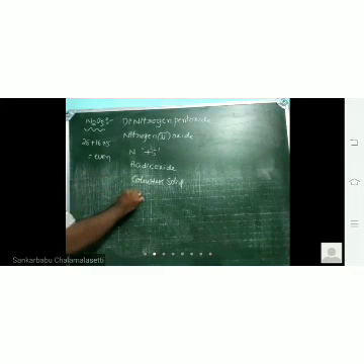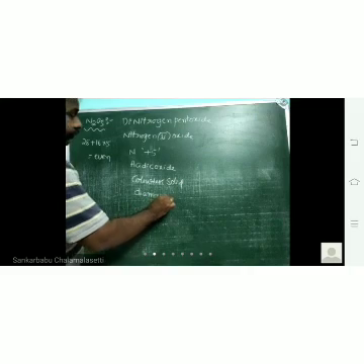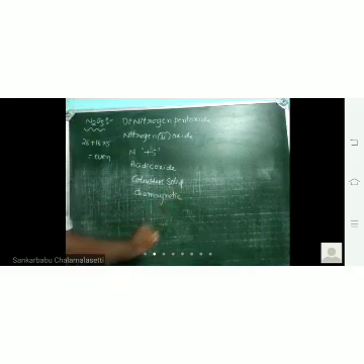Then what about the magnetic property? Here, nitrogen is 7 times 2 is 14 and oxygen 8 times 5, so anyhow you will get an even number. When you get an even number, then it is diamagnetic.